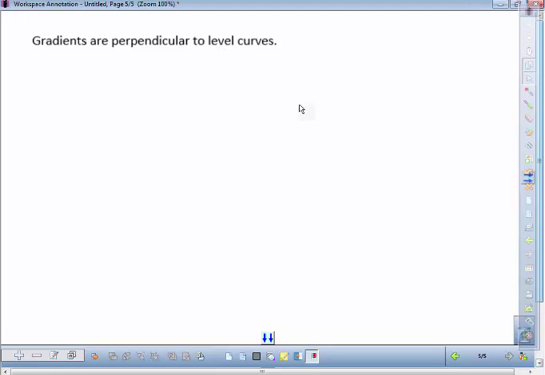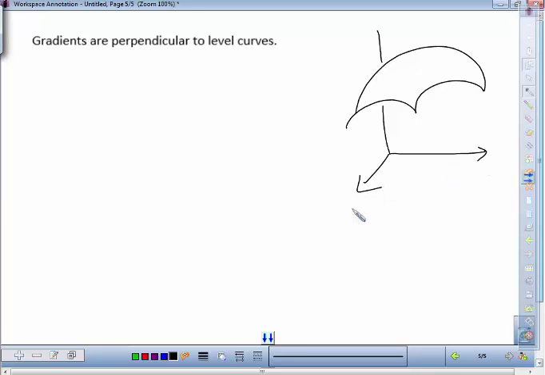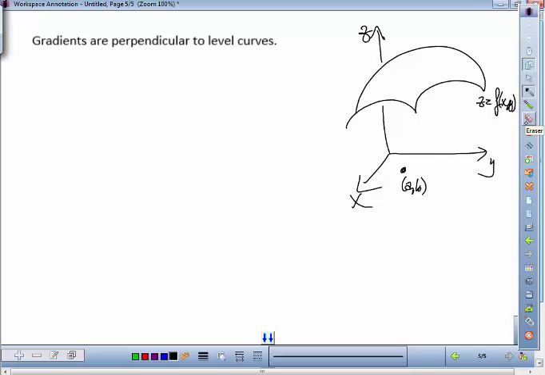So in order to do this, we need level curves. So I'm going to go back and draw pictures. So a picture that we've seen before, and possibly are sick of already.